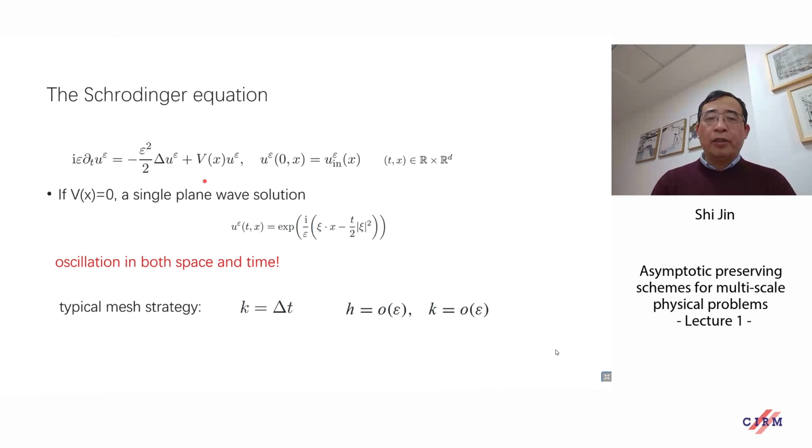If you solve this by, say, a finite difference method, we require your mesh size to be little o of epsilon, which means you need many mesh points for each wavelength. You need many time steps for each wavelength too. So both mesh size and time step have to be much smaller than epsilon. That's very expensive.